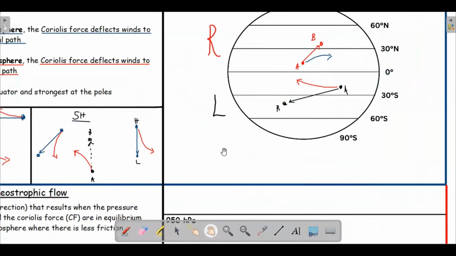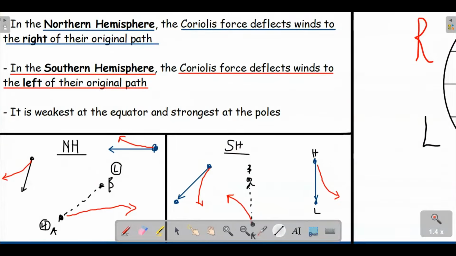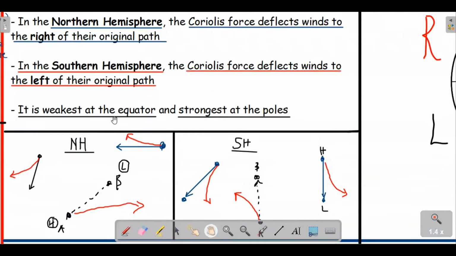All right, so that is Coriolis force. The Coriolis force is actually weakest at the equator and strongest at the poles. That has something to do with the Earth's rotational speed, or the differences in rotational speed. The equator's rotational speed is not the same as the pole's rotational speed.